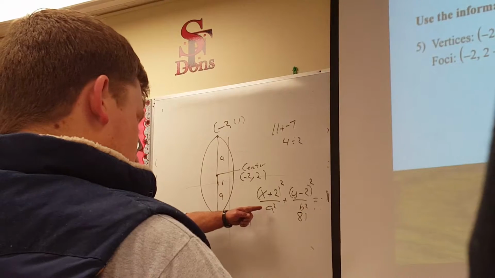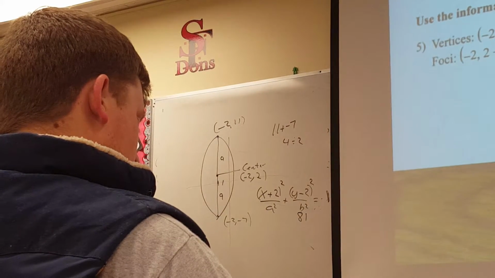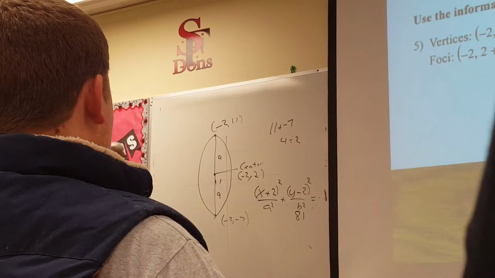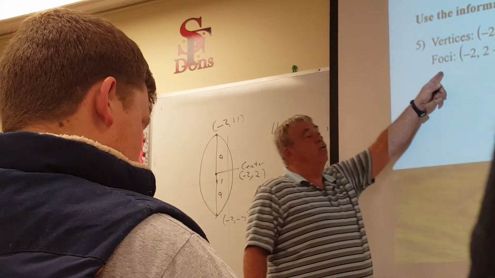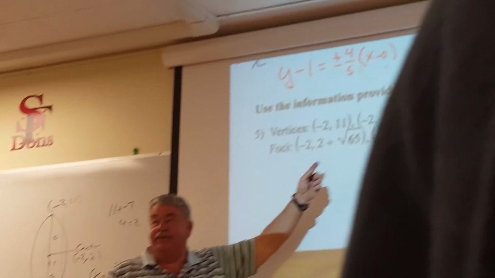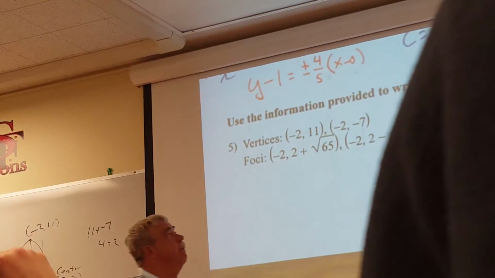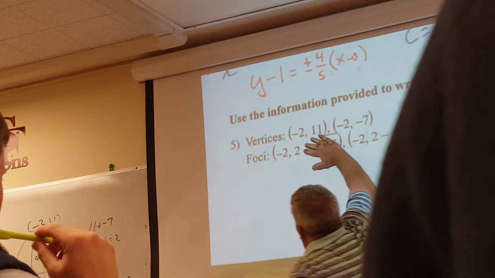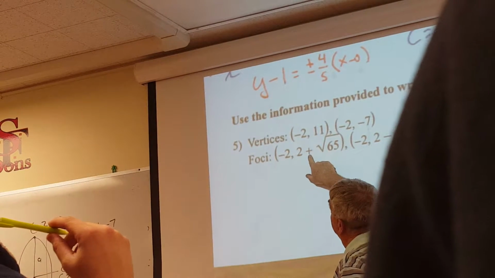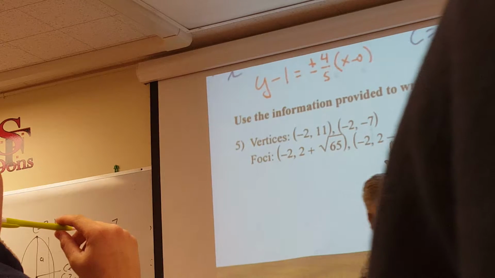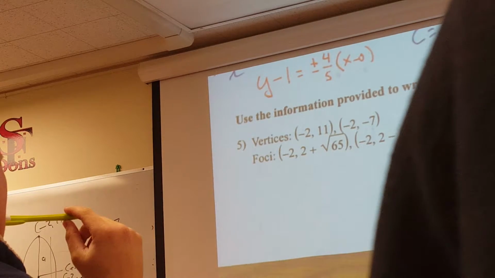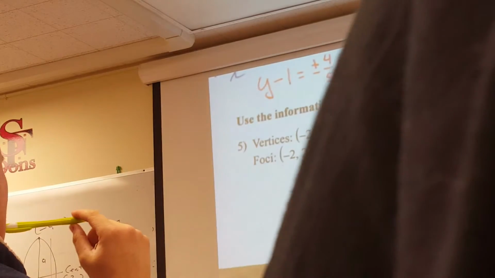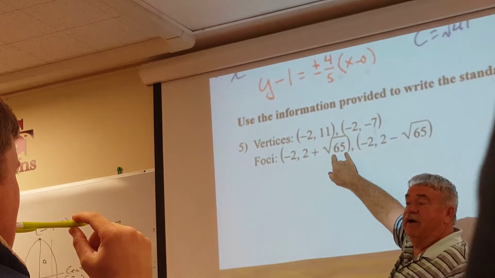I need to know what a squared is. Well, look what they give you. They give you the foci. Now, this is a little bit of a hint. Look, that's -2, 2, plus the square root of 65, and then minus the square root of 65. What do you think that square root of 65 equals?